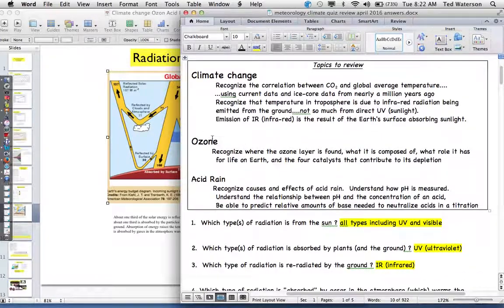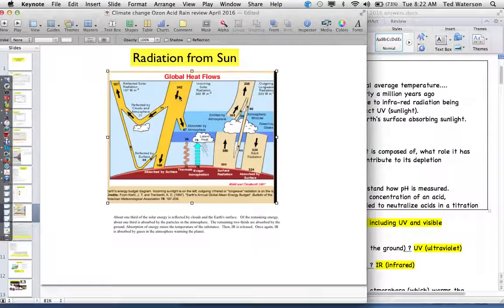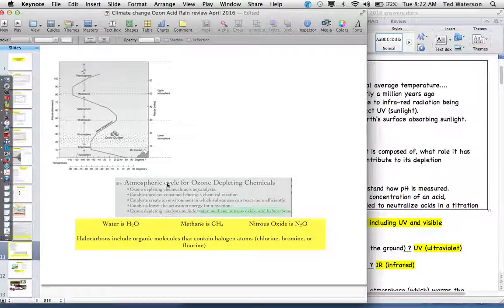All right, now the ozone. We've heard of ozone depletion having a role in climate change. Well, if the ozone wasn't there, more of this radiation would hit the surface. And if more radiation hits the surface, more infrared is reflected by the surface.